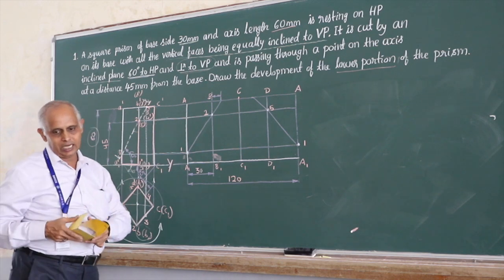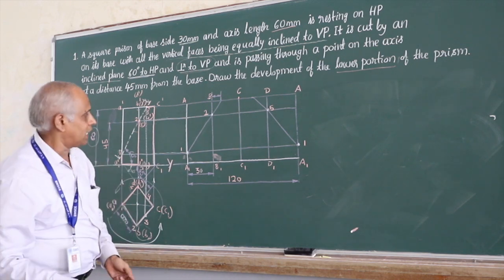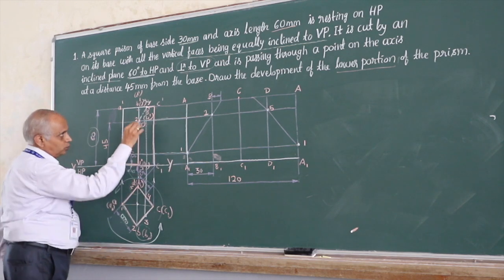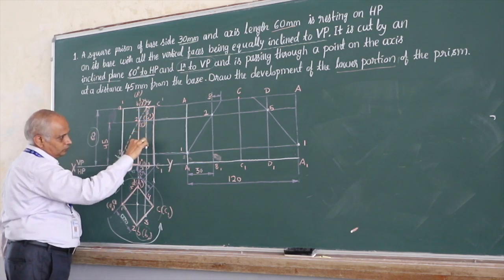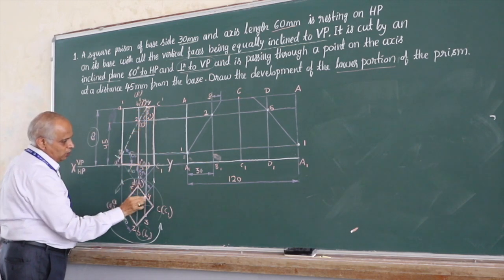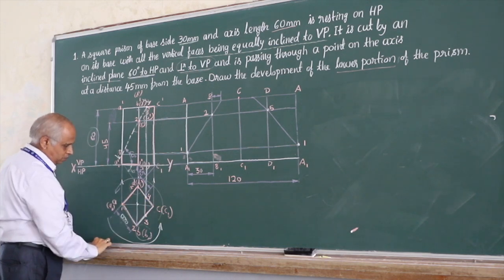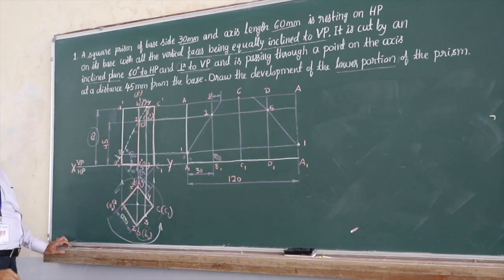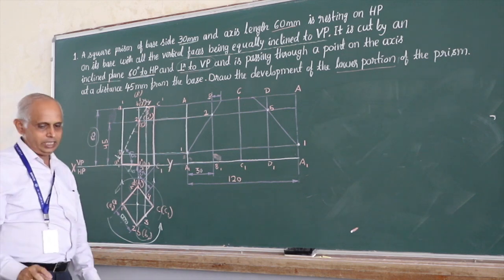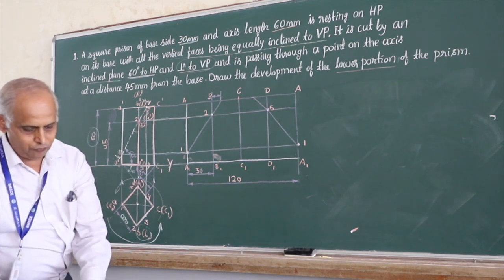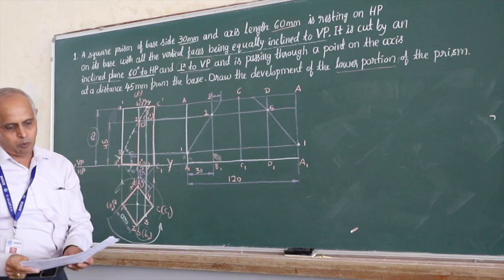It is in apparent length. Therefore, I cannot shift it directly. You have to project it to top view, and you have got this in top view. So remember section point 3 is at the top edge and it is in true length. And therefore, from top view, I can shift these points.